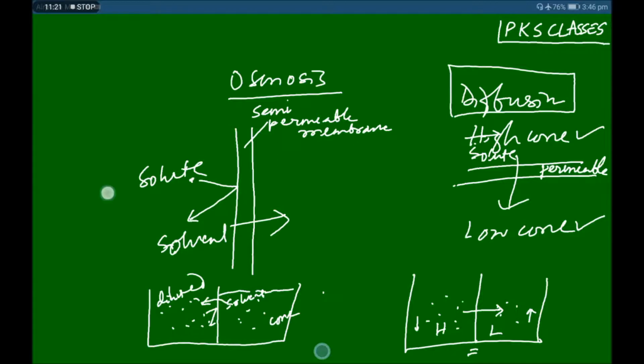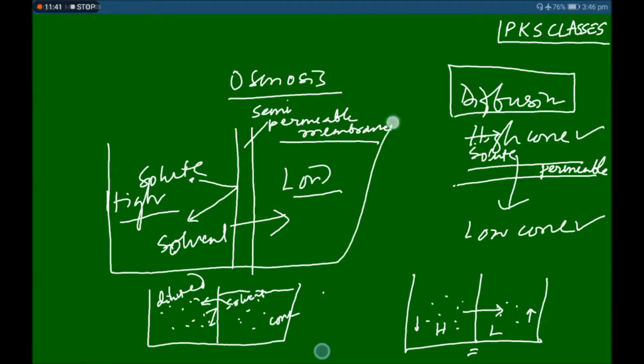Suppose here we have high concentration, here we have low concentration. Ideally, from high concentration the solute should go to the low concentration, so that both have the same concentration. But if these two compartments are separated by a semi-permeable membrane, the solute cannot enter through it, only solvent can.